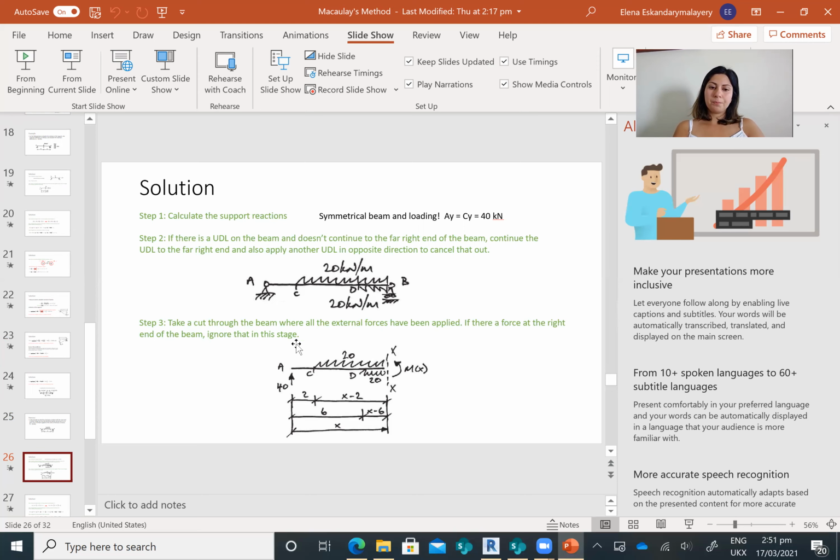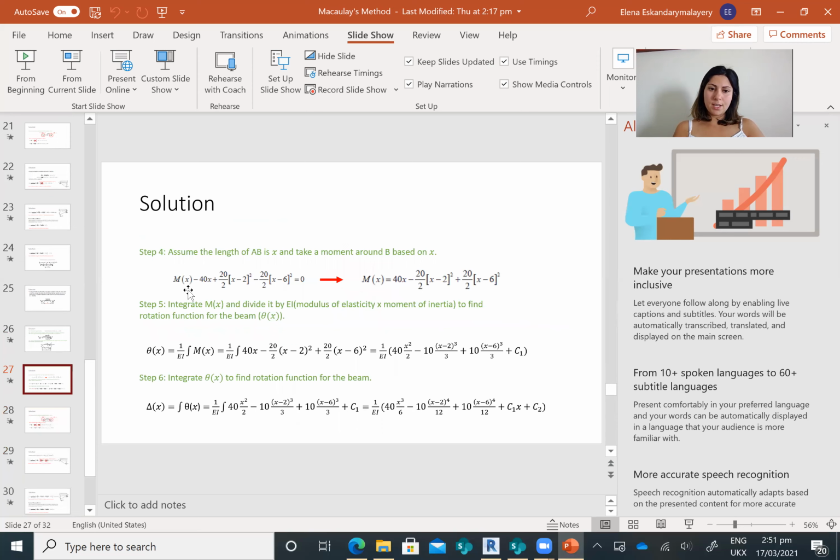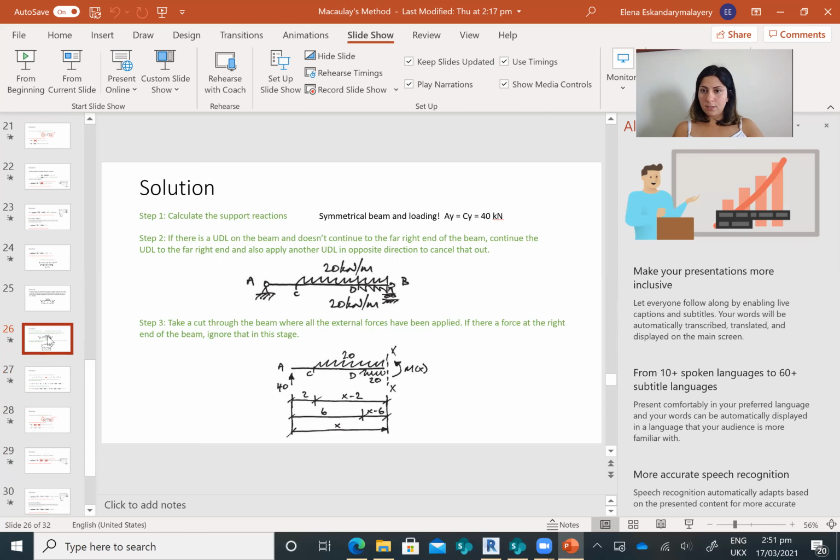You have a free body diagram and find mx based on x. So here you can see we have mx. Try to derive it yourself before watching the rest of the video. So try to derive mx and then watch the rest of the video. Okay.